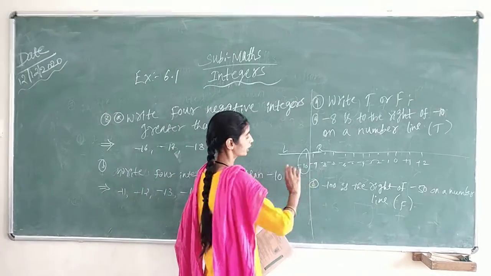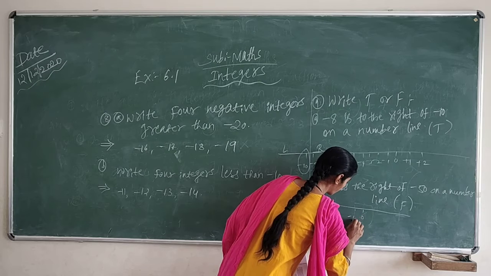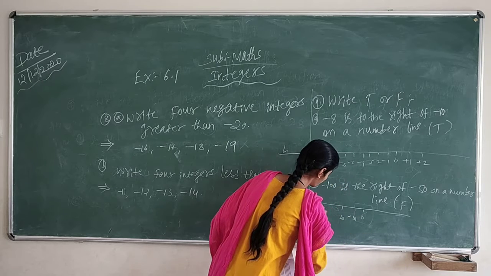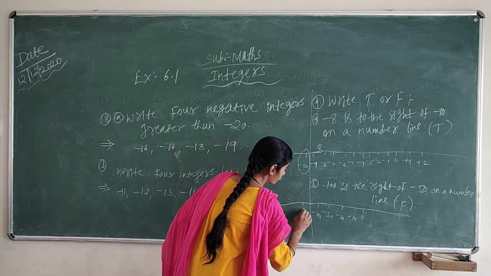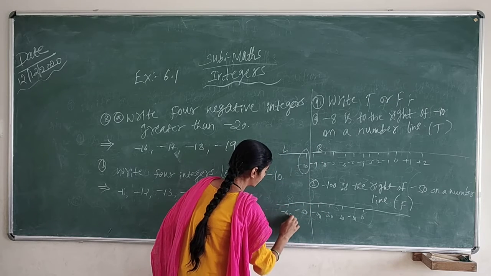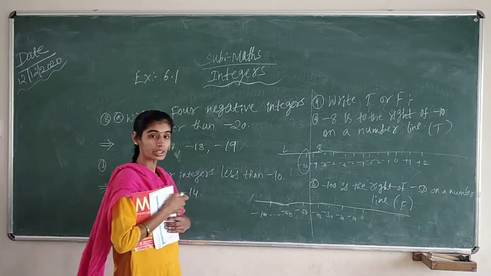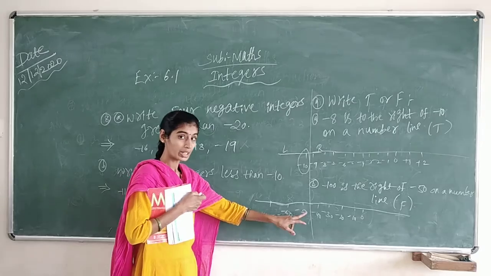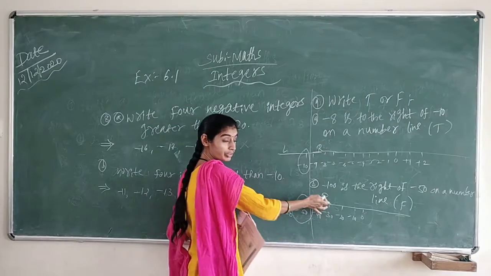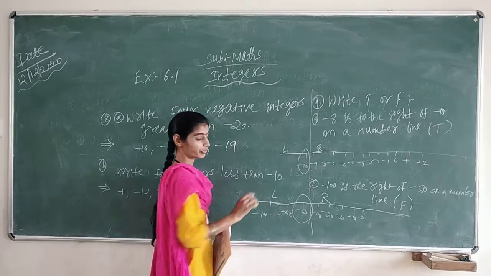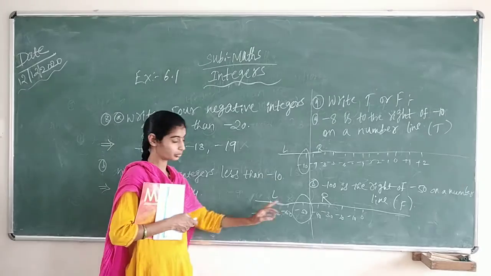So suppose you can make a modification here. I'll take minus 10, minus 20, minus 30, minus 40, minus 50, minus 60, minus 100, and so on. So here it is my minus 50. If you consider this minus 50, its right will be this and its left will be this. So you all can see minus 100 is left of minus 50.